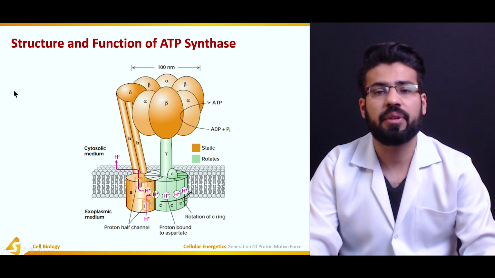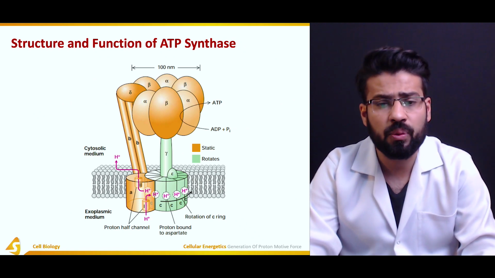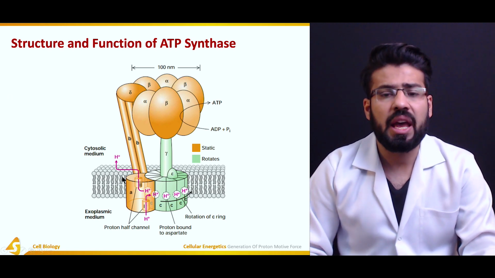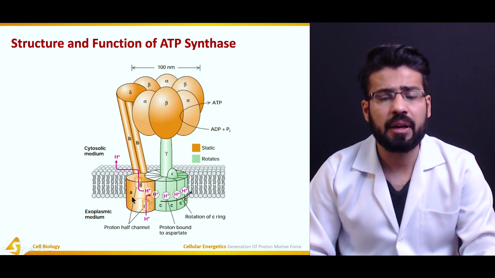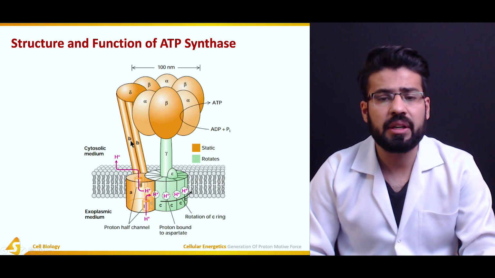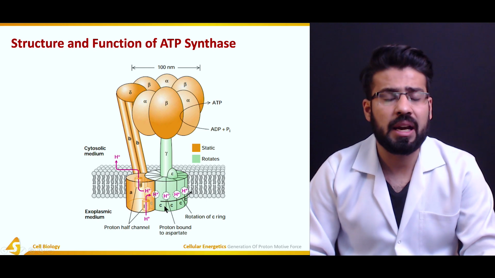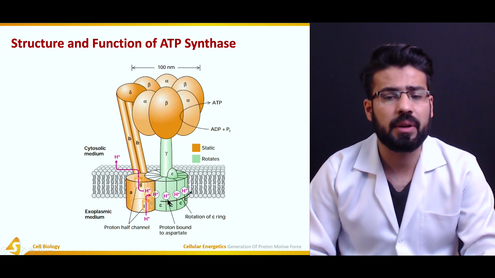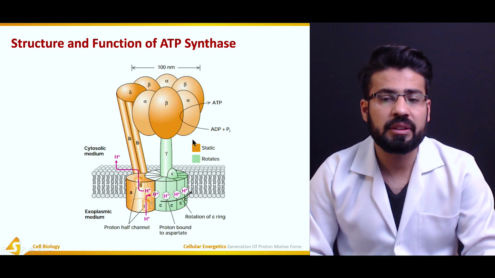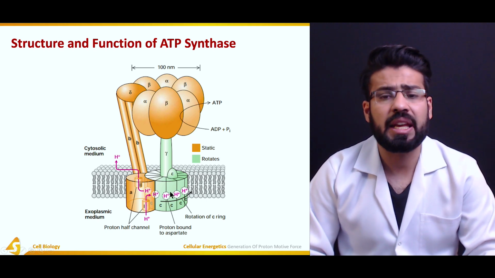Talking about the structure and the function of ATP synthase, it is divided into 2 major portions. One is of course the F0 region, and the second is the F1 region. The F0 region contains the component A, which is a single subunit, 2 subunits of B, and 10 subunits of C. Of course, the orange color shows that they are static, and the green one shows that they rotate.